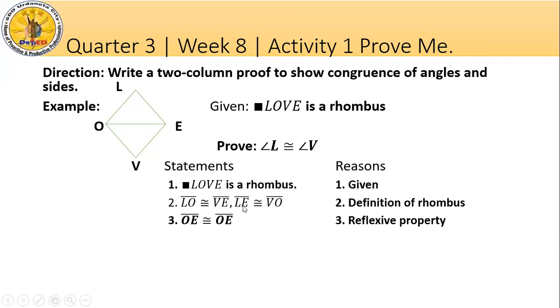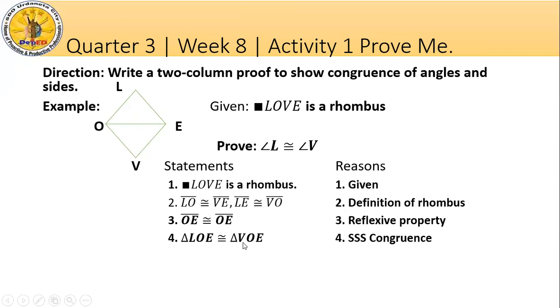Now you already have three corresponding parts congruent, and it's time to state the two congruent triangles. Triangle LOE is congruent to triangle VOE by SSS congruence, because the corresponding parts that are congruent here are the sides. Now, you have already proven that the two triangles are congruent.